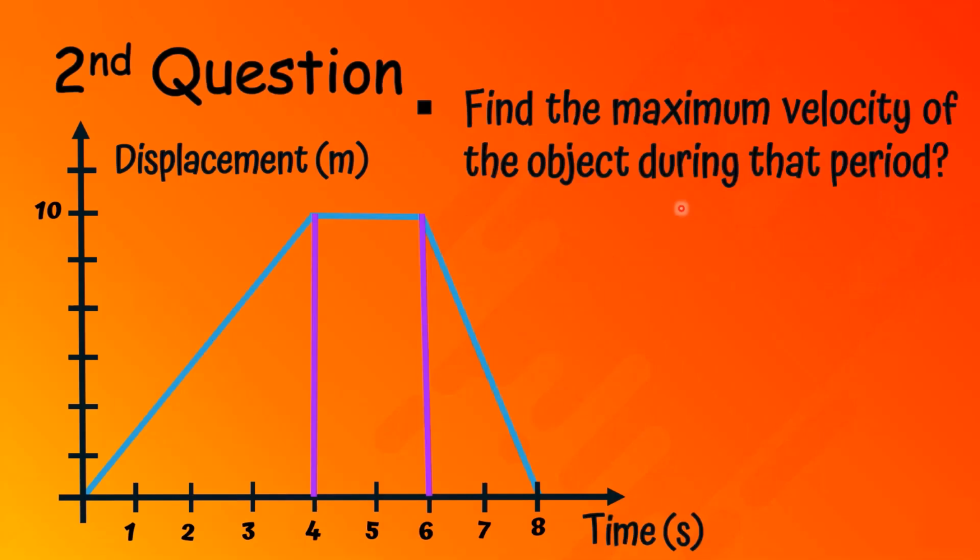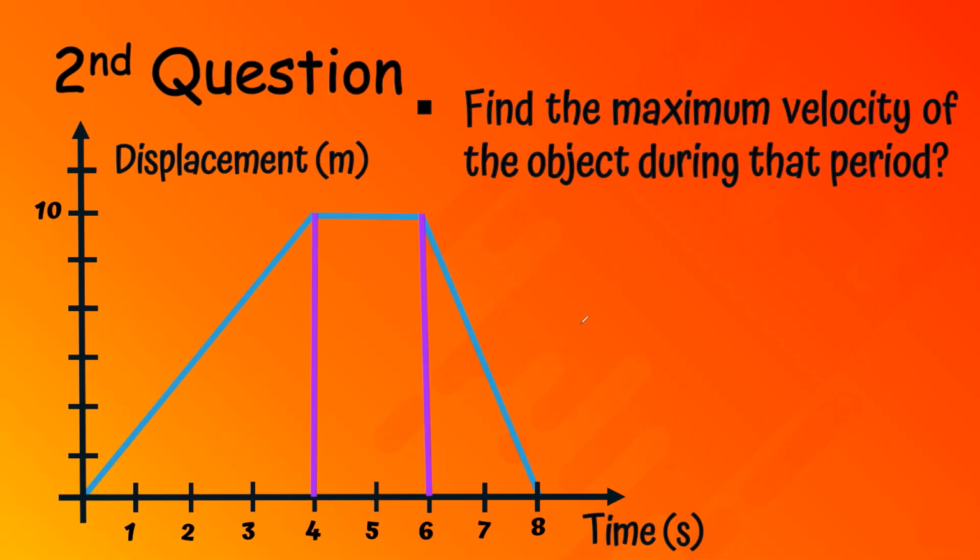Find the maximum velocity of the object during that period. So we need to find the gradient to calculate the velocity. Or we can get the answer according to the equation also.